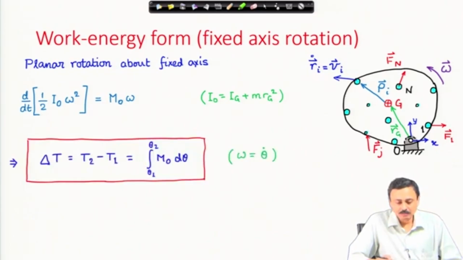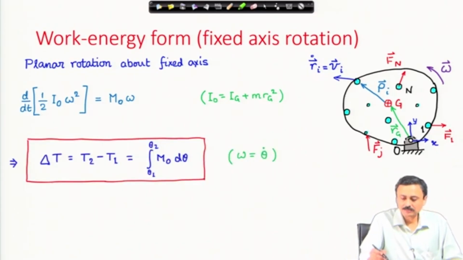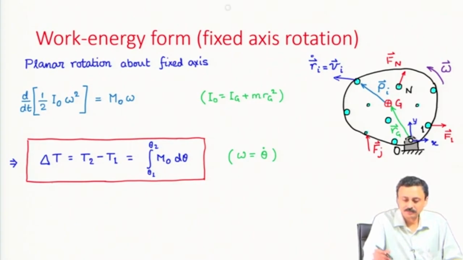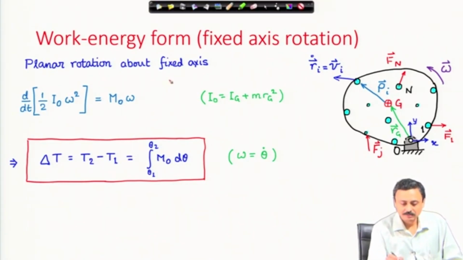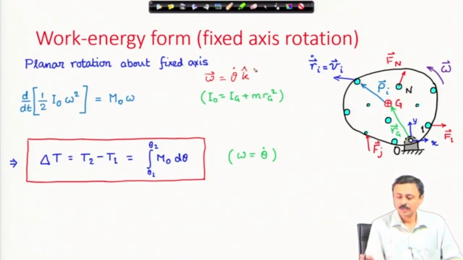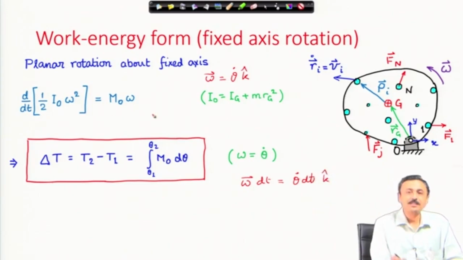Now, here I can write omega as theta dot k cap, which I had written previously. The omega vector was theta dot k cap, because this is planar motion, and in that I can write it like this. Therefore, d omega vector/dt is theta dot dt k cap, and everything is in k cap direction.